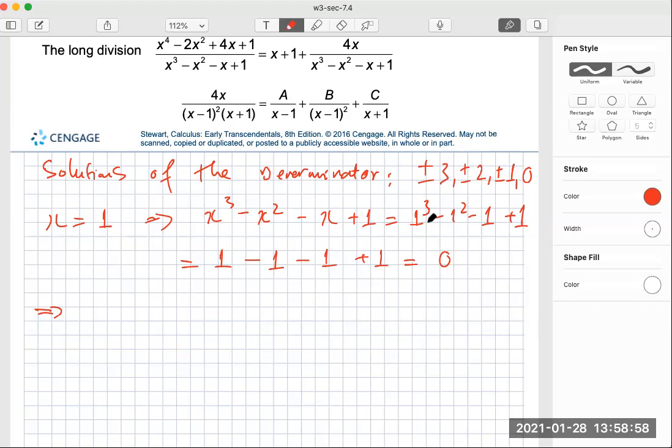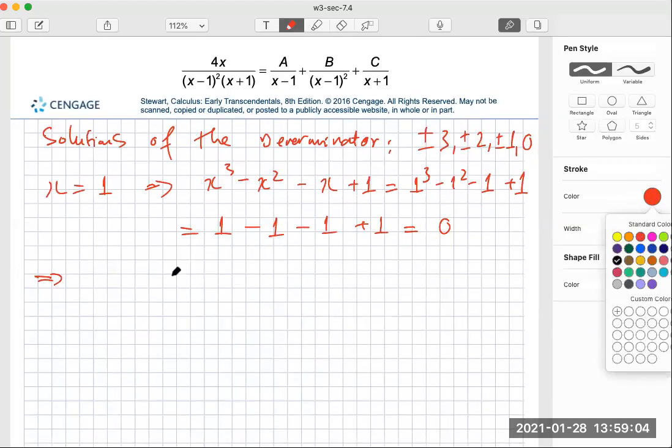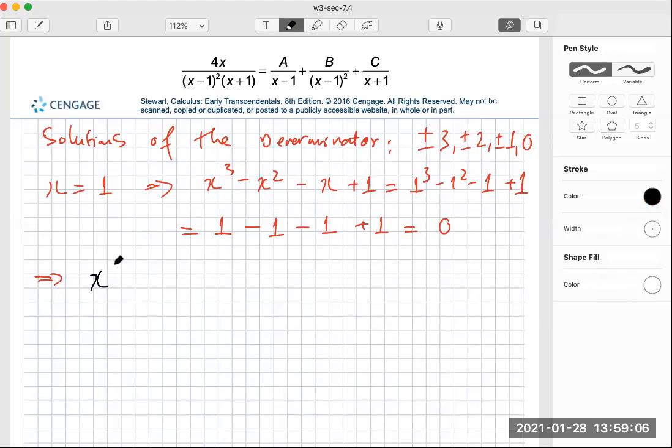Okay. If this is a solution, then it is a very beautiful property that x cubed minus x squared minus x plus 1 we can write as the product of x minus the solution here, which is 1, and something else.